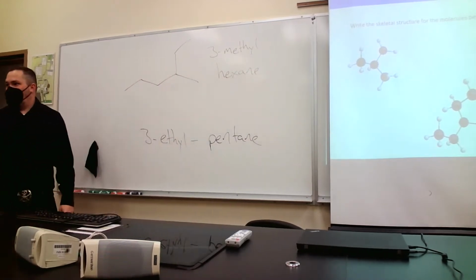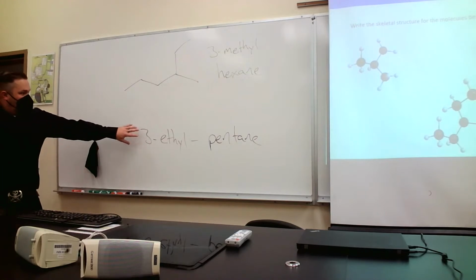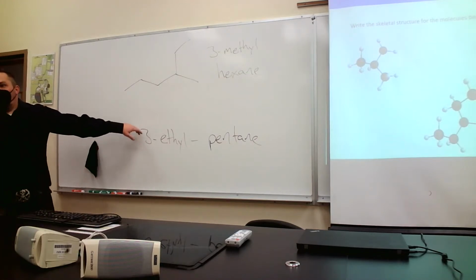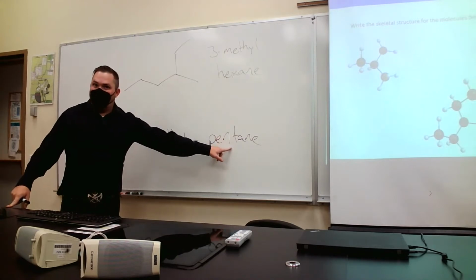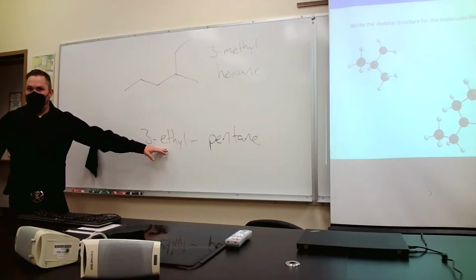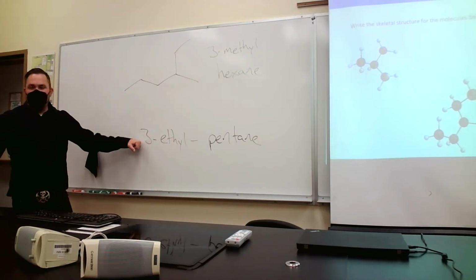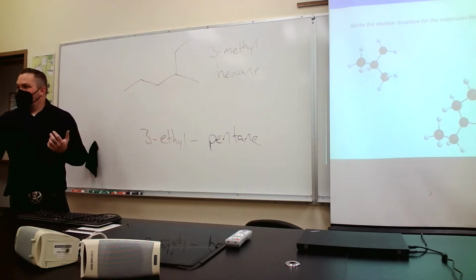Not 2-ethylpentane. Again, as long as you count your longest continuous carbon chain properly, you'll get the parent compound right. And then you can put your prefixes on there based on that. If you add the locant when it's unnecessary, that's a better safe than sorry situation. Right?